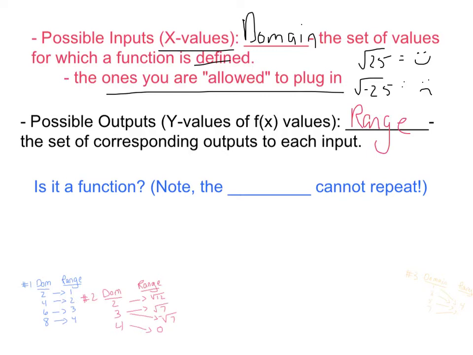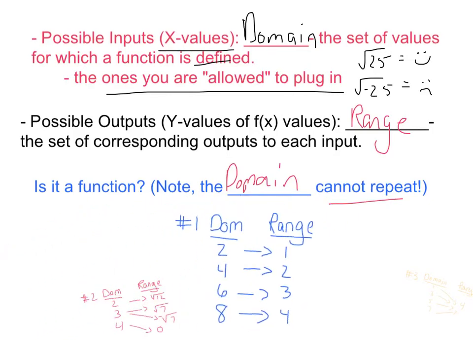Okay. Now, there's an easy way to tell if something is a function or not. And it's simply this. The domain, in other words, the x values, cannot repeat. X's can't cheat. You got me? X's cannot cheat. So let's do a couple quick examples here. Let me blow this guy up.